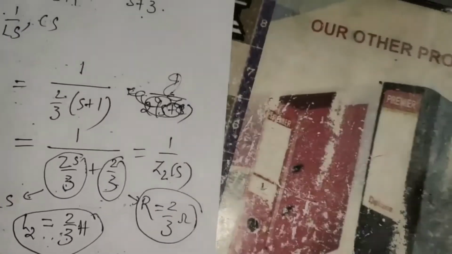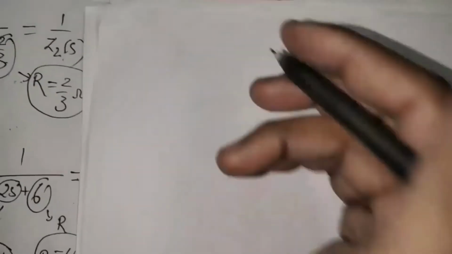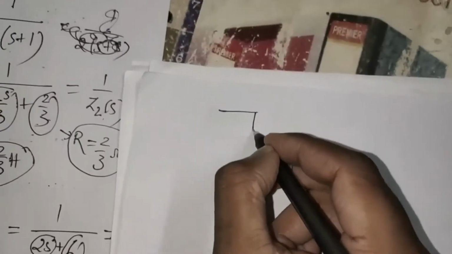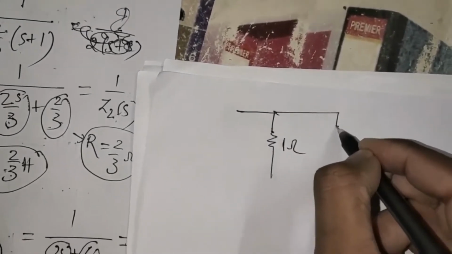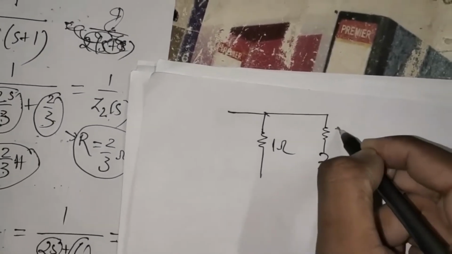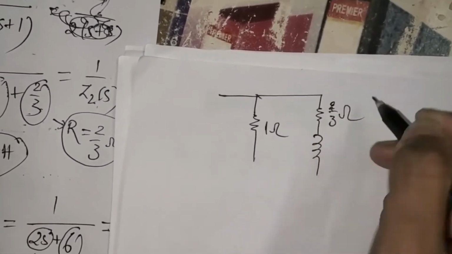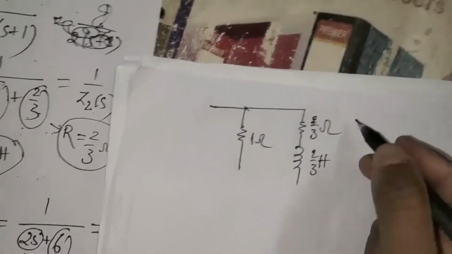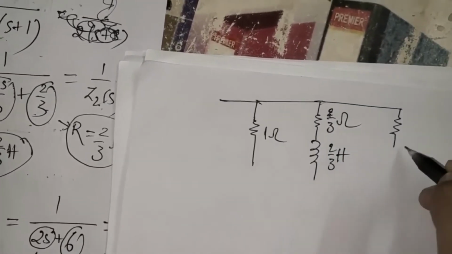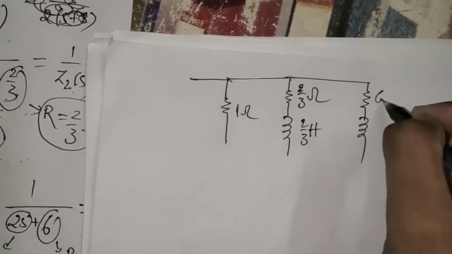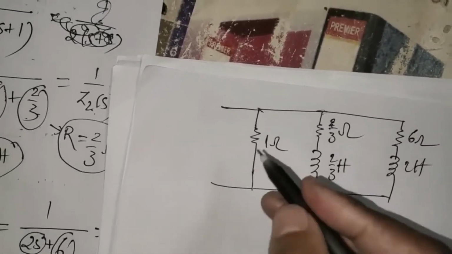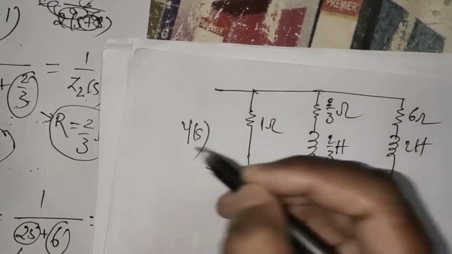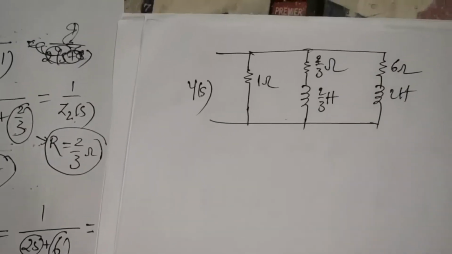So you can modify the general network: instead of y1 we have resistor 1 ohm, instead of y2 a series combination of resistor 2 by 3 ohms and inductor 2 by 3 henries, and for y3 a series combination of R and L of 6 ohms and 2 henries. This is the network after synthesizing the given function.